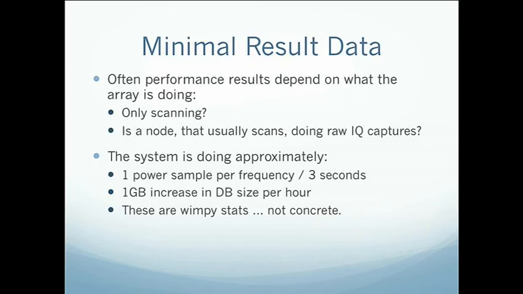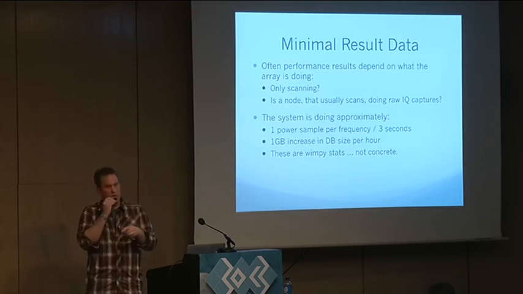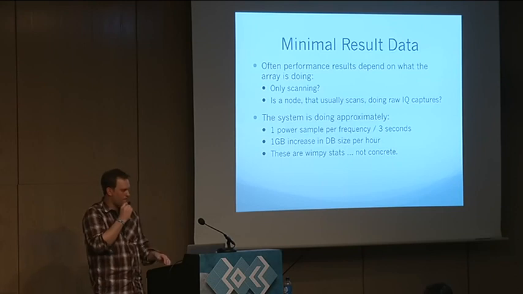And then the database, with insertion of these frequency values over the entire 50 to 900 megahertz spectrum, I'm increasing by 1 gig per hour. These are just rough statistics, and there's definitely more that should be done in terms of analyzing how one uses RTL TCP or writing out to a file and how that impacts the number of samples put in per second, that kind of thing.